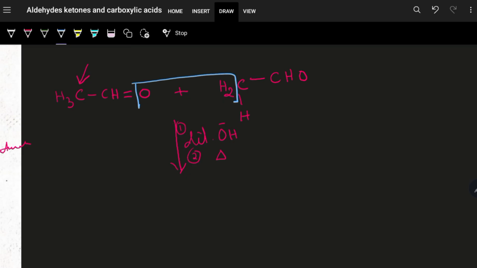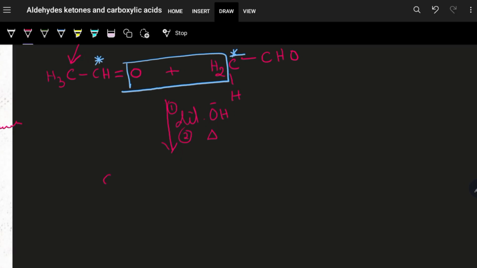Remove H2O and join these two ends by a double bond, and you will get CH3CH double bond CHCHO. See, this is your aldol condensation product.